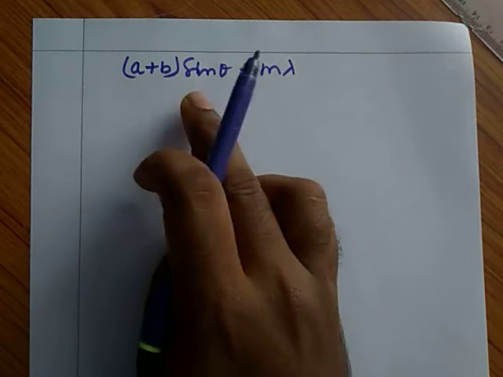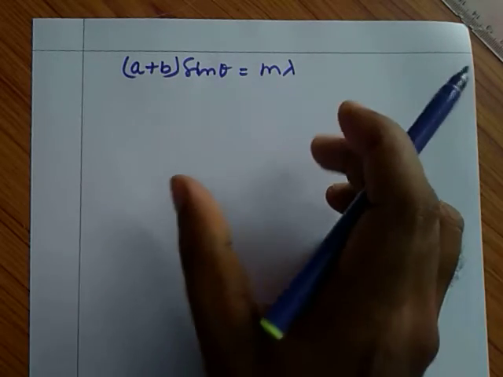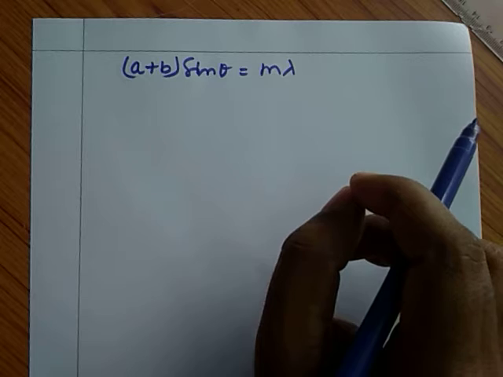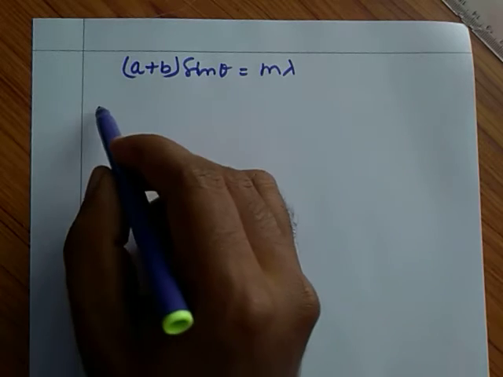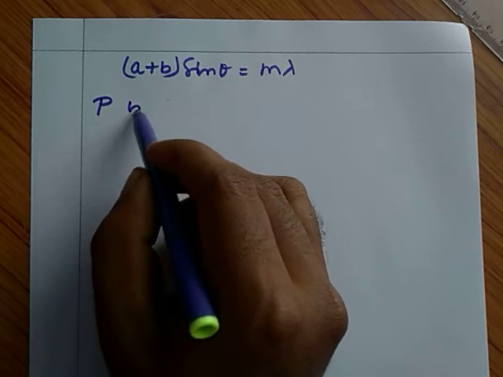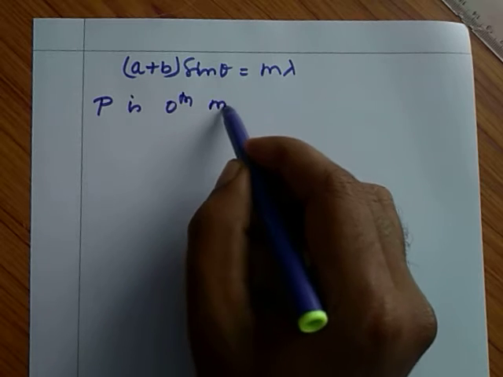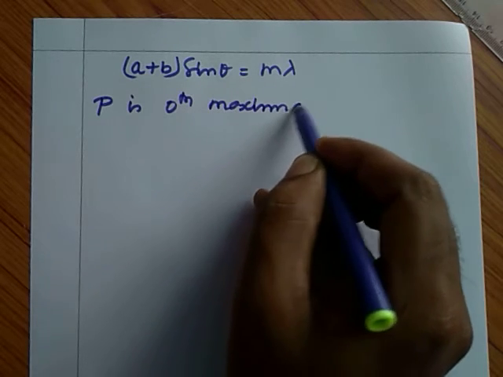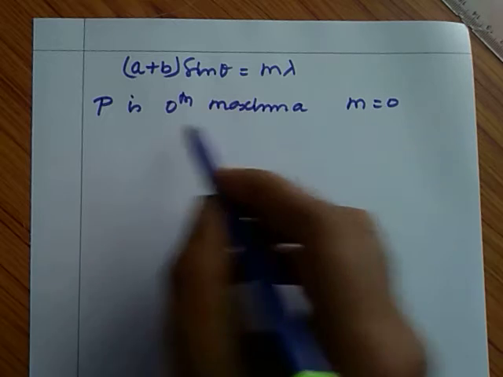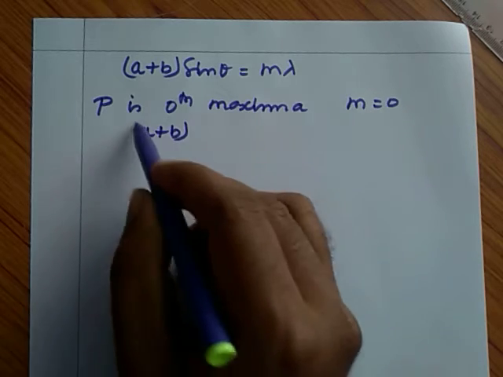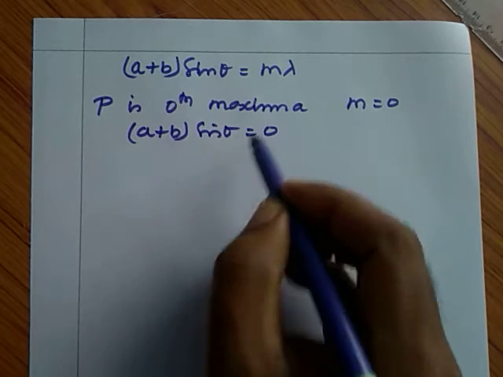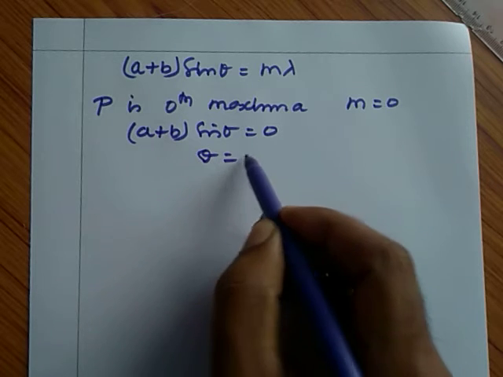Here A plus B sin theta is equal to m lambda is the condition for the point P to be at various maxima. Suppose the point P is the 0th maxima, so m is equal to 0, then A plus B sin theta is equal to 0, then the theta value will be 0.